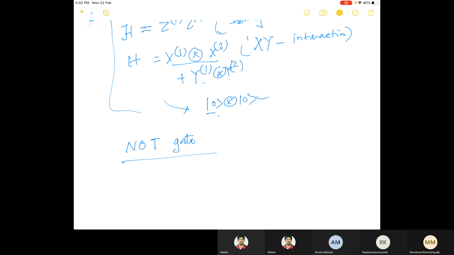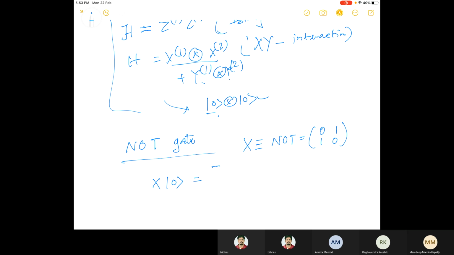Let's say my x, which I'll now call a NOT gate, is 0, 1, 1, 0. By the way, this is a permutation matrix. This is just a hint. These are the columns. And if you just apply this on 0, what do you get?